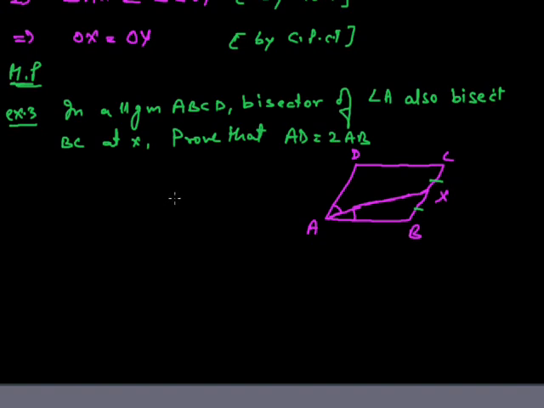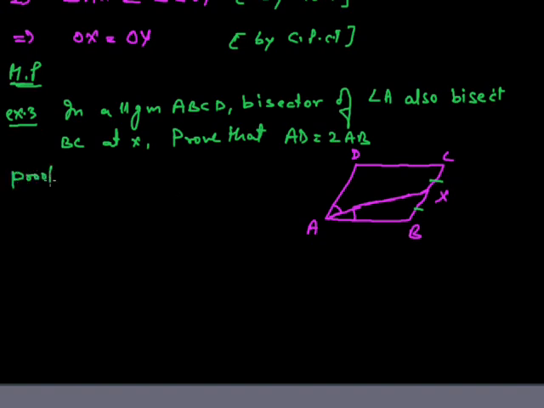Now we have to prove that AD is equal to twice AB. So let us think, how can we prove this? How can we prove that AD is twice AB? Let us start thinking in the right direction.